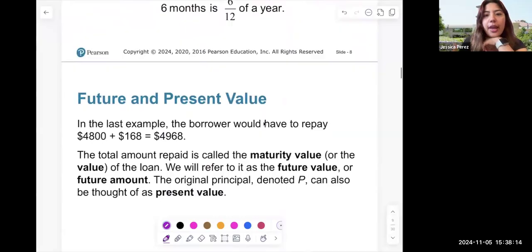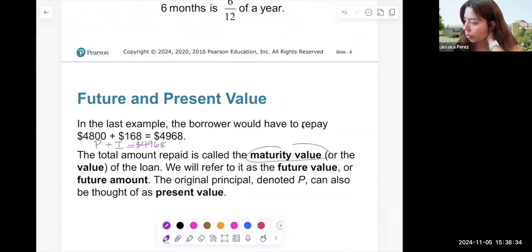Now, what does it mean when you have a future and a present value? In the last example, the borrower would have to repay the principal amount plus the interest, which is now $4,968. So it's going to increase by $168. The total amount repaid is called the maturity value or the future value. The original price, denoted P, is the present value.